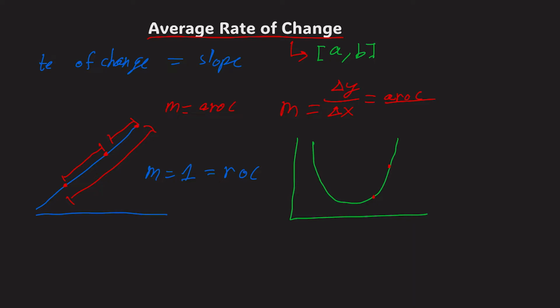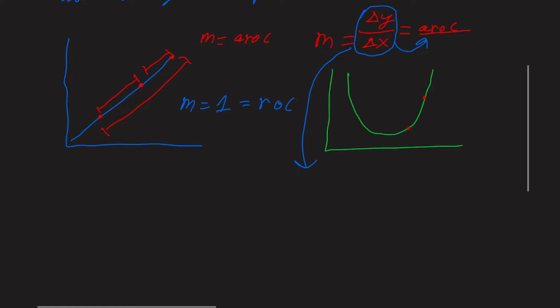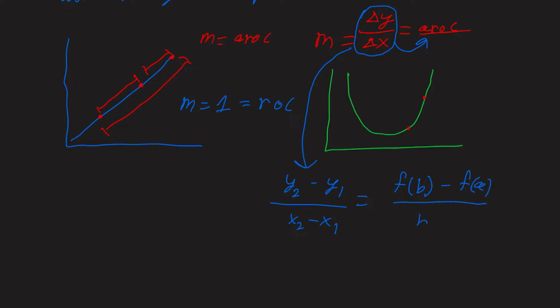So granted that our previously understood slope formula is our formula for the average rate of change, let's expand that out a little bit. We know the change in y over the change in x is equal to y2 minus y1 over x2 minus x1, okay? So this can also be rewritten as f of b minus f of a over b minus a, where we are evaluating on some interval a to b, okay?